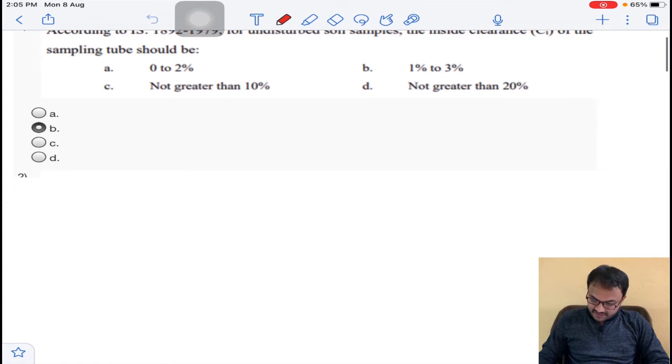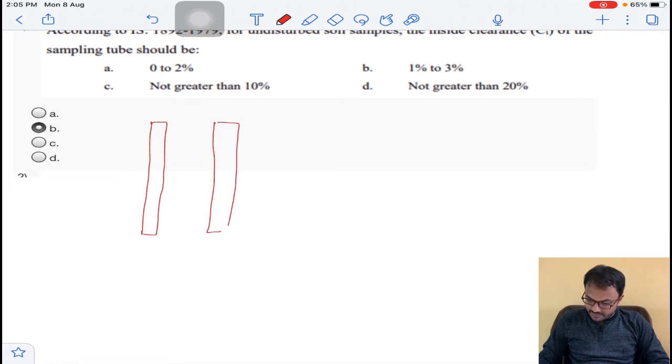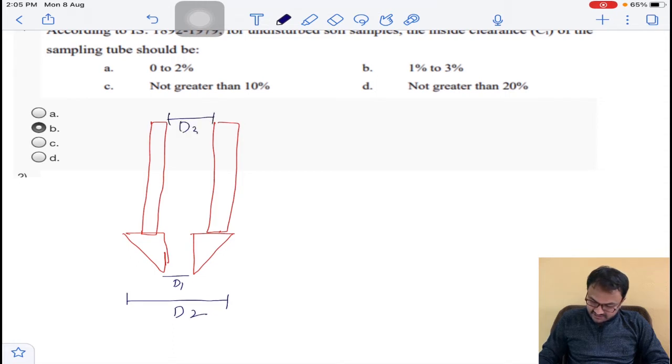First of all, let me draw the diagram. It is a sampling tube and it is a cutting edge. So in this the dimensions are D1, D2, and D3. The remembrance of these dimensions is very important. It is D4.